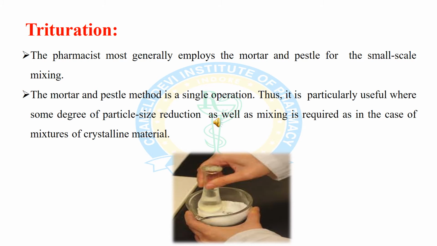The mortar and pestle method is a single operation, thus it is particularly useful where some degree of particle size reduction as well as mixing is required, in the case of a mixture of crystalline material. So the advantage of this method is that, apart from mixing, it facilitates size reduction of particles.